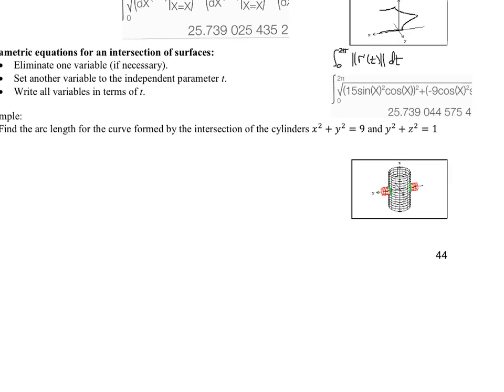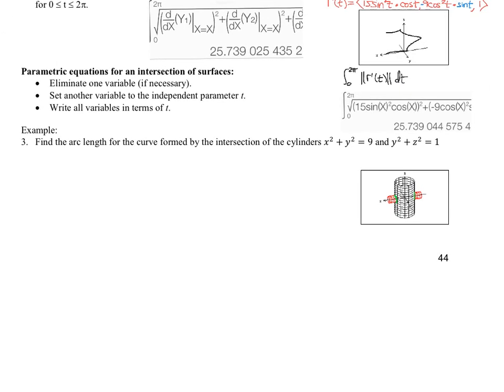I have x squared plus y squared equals 9. So a circle with height makes a cylinder. And then y squared plus z squared is equal to 1. All right, so I have to parameterize this.